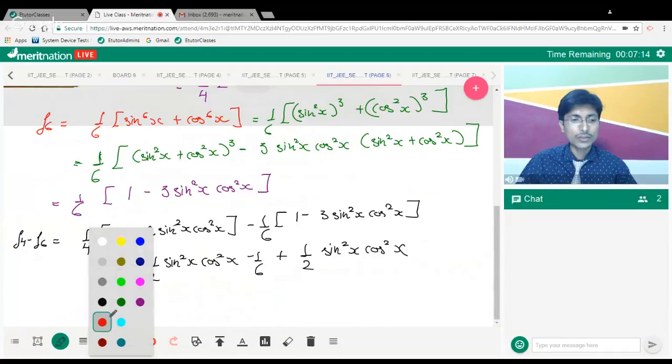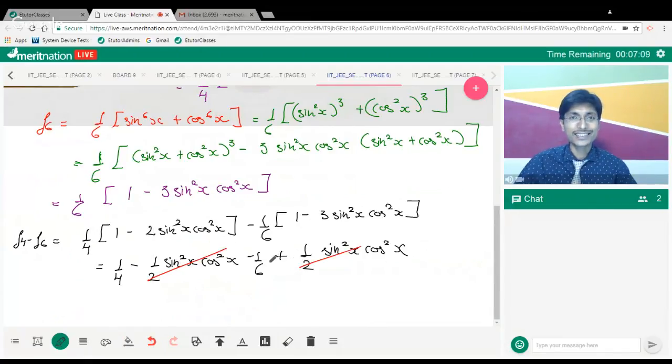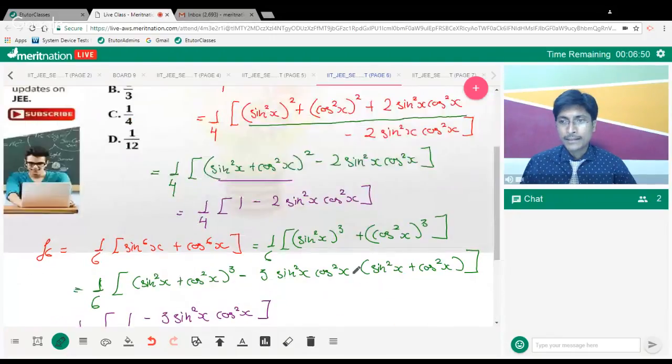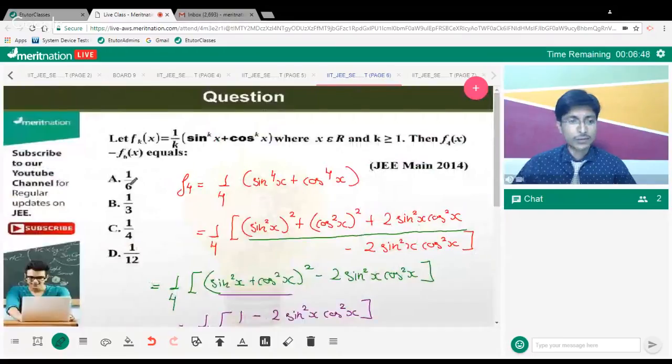So what will happen is that these terms cancel off, leaving me only with numbers. So I have 1 by 4 minus 1 by 6. The LCM is 12, so 3 minus 2, that's 1 by 12. So I'm having the answer as 1 by 12.